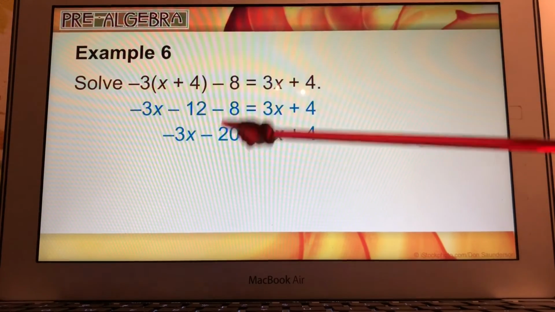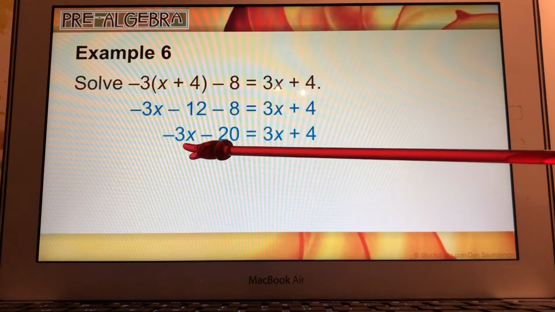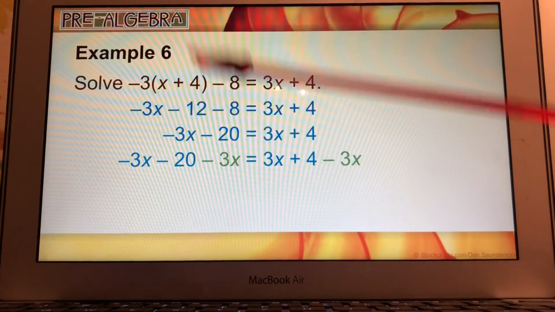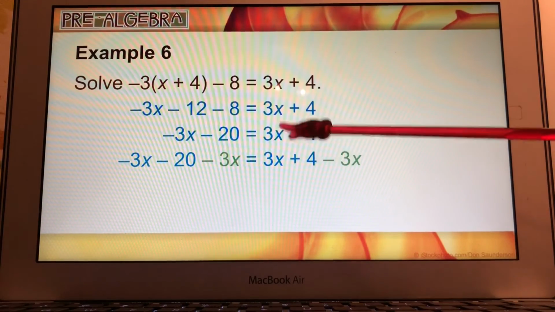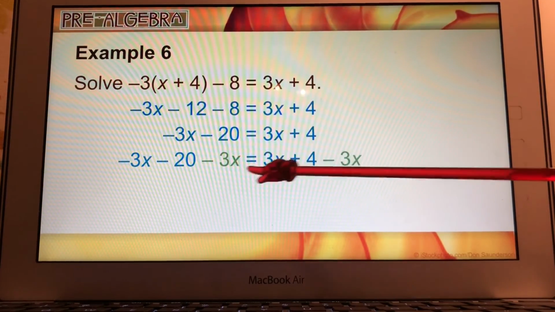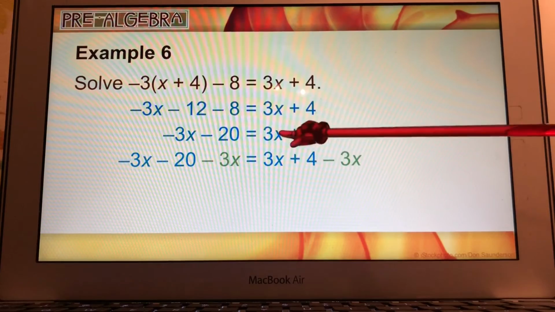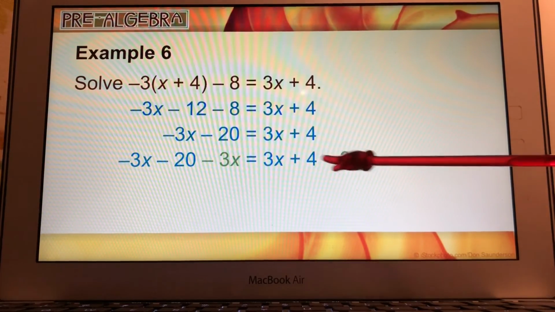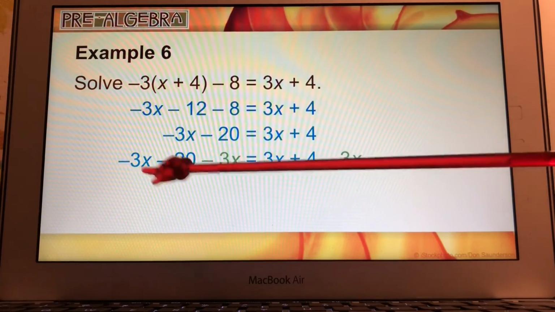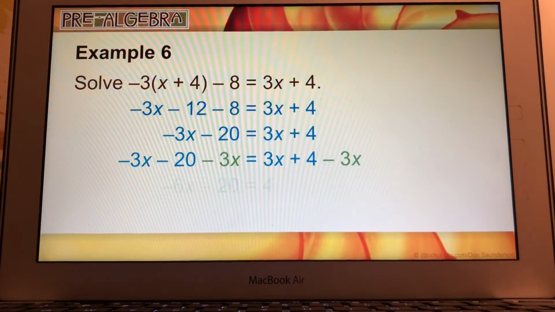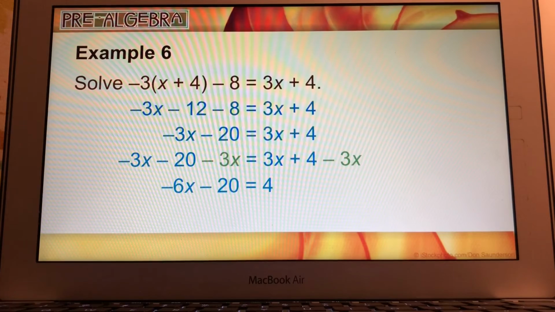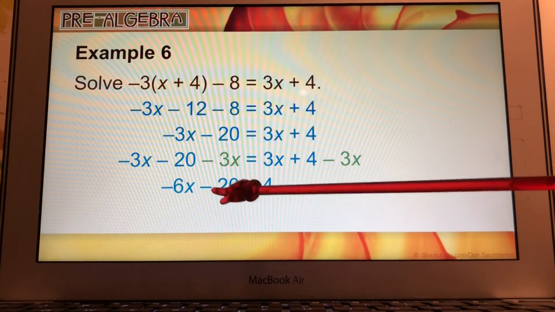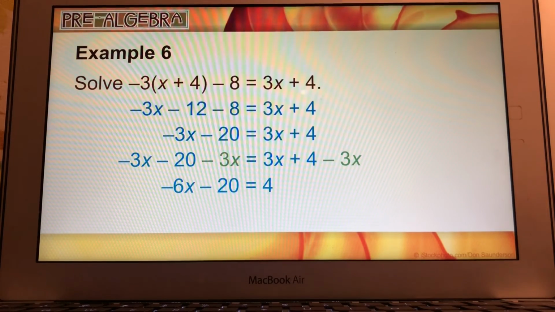Now I'm going to move my x's to one side of the equation and the numbers to another side. So we're going to bring this 3x and move it over to this side. I'm going to subtract 3x, because 3x minus 3x here is going to become 0 on this side. -3x here minus 3x is going to give me -6x. And then now I have to bring this -20 over to this side of the equation.